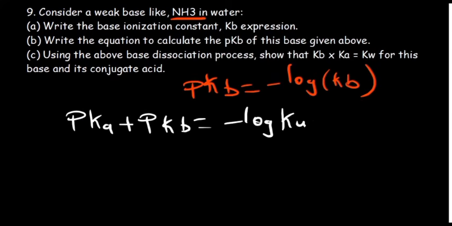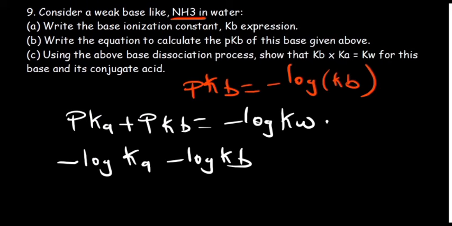So from that point, we also know that pKa is equivalent to the negative log of Ka. Then we also know that pKb is the negative log of Kb, and that is equal to the negative log of Kw. So the signs we can divide by negative, they all become positives at that point.